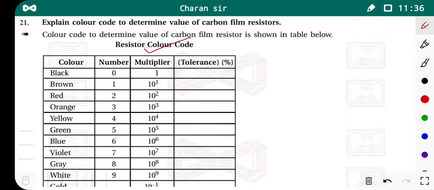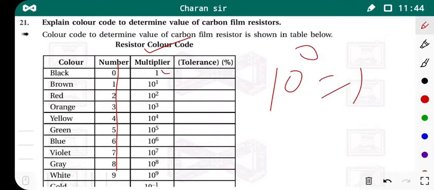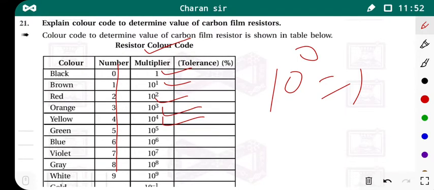For multipliers, you take powers of 10. That means 10 raised to 0 is 1, so that is 1 for black. Then 10 raised to 1, 10 raised to 2, 10 raised to 3, 10 raised to 4, up to 10 raised to 9.